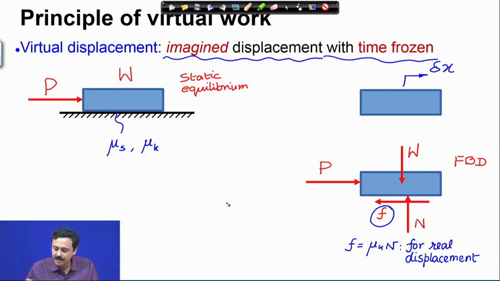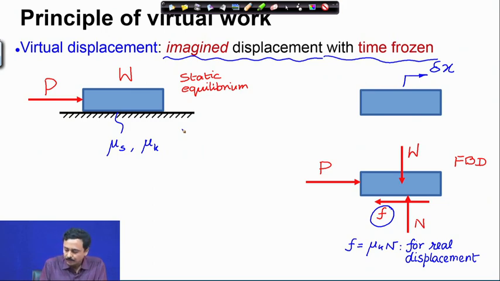In systems where the forces may be functions of time, we will freeze the time. That means the force vectors get frozen, and then we give an imagined displacement which is consistent with the constraints. For example, here the constraint is that the block will never leave the table.